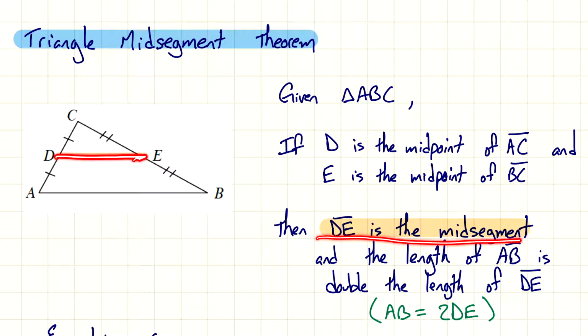So DE is the midsegment, which is the segment that's in the middle of the shape.